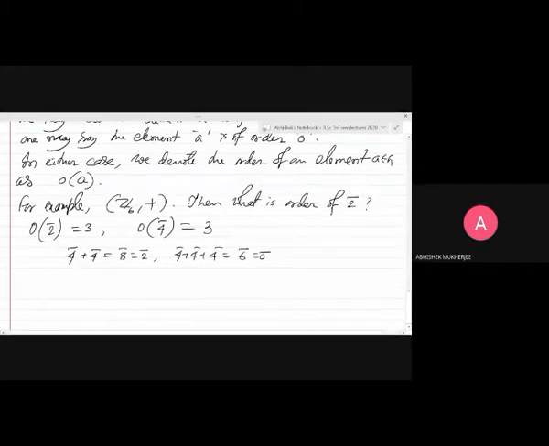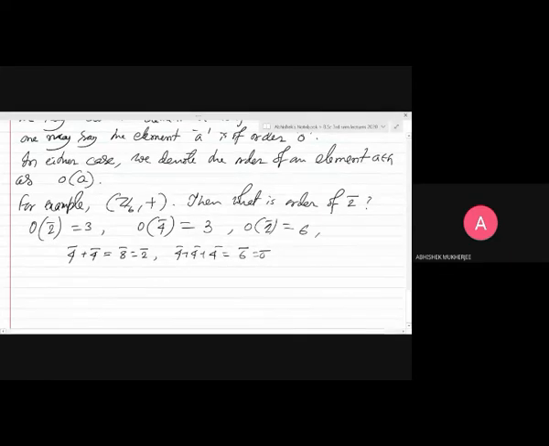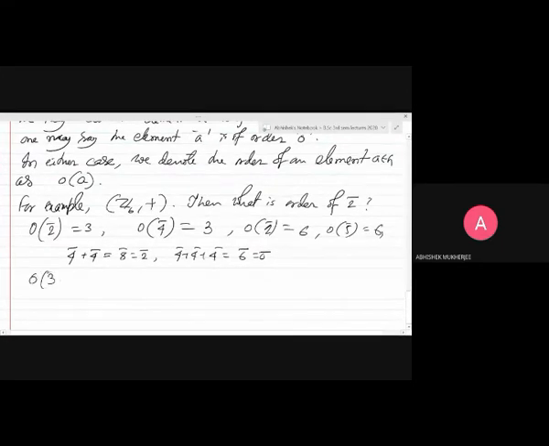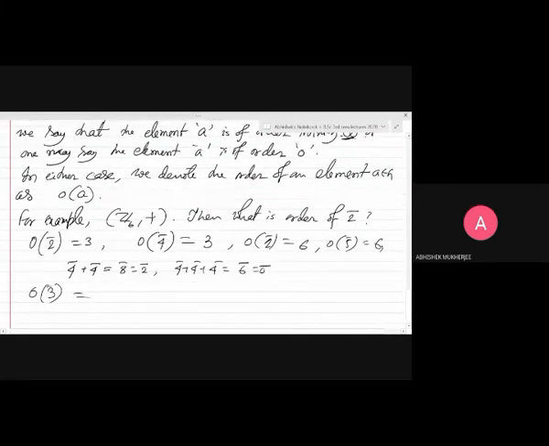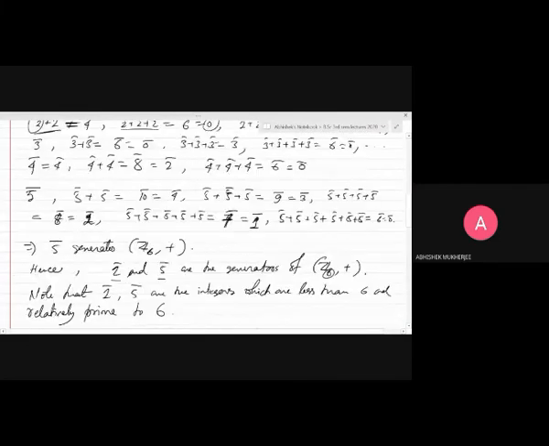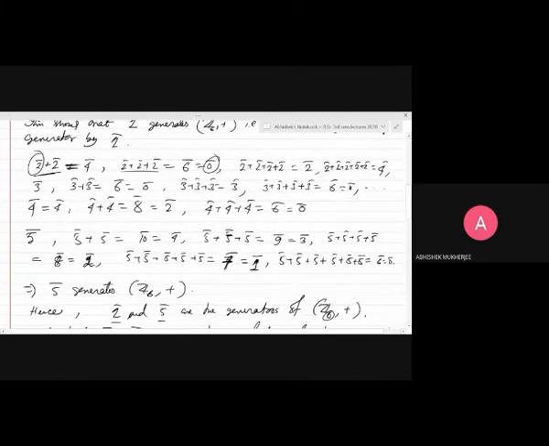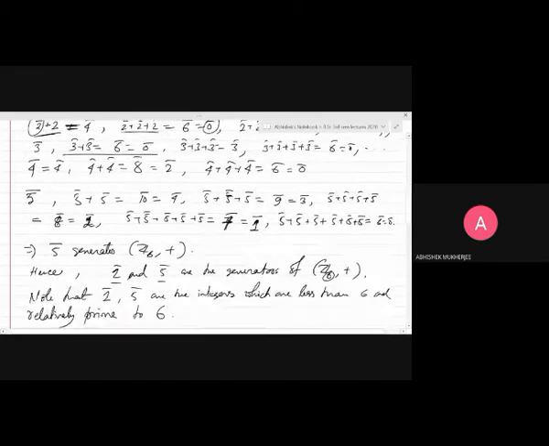What is the order of the class of 1? It must be 6. What is the order of the class of 5? It must be 6. What is the order of the class of 3? Just look at the example. It is 2, right?